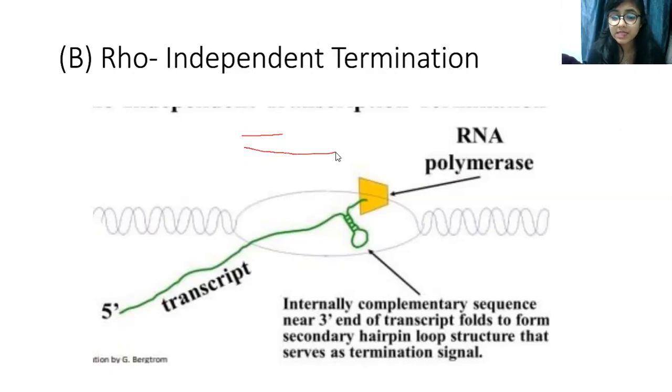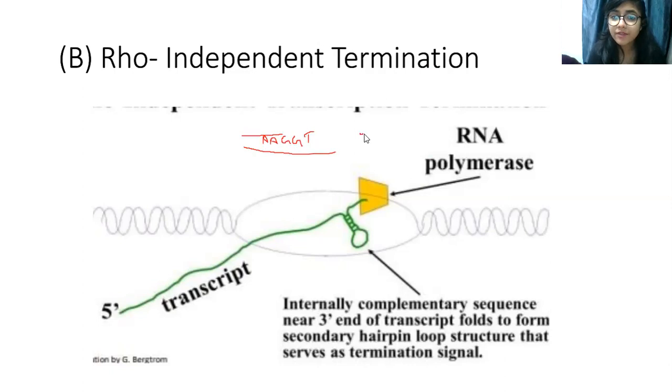See, I'll give you one example. A, G, G, T. Here you have, what did I say? Repeated inverted sequence.